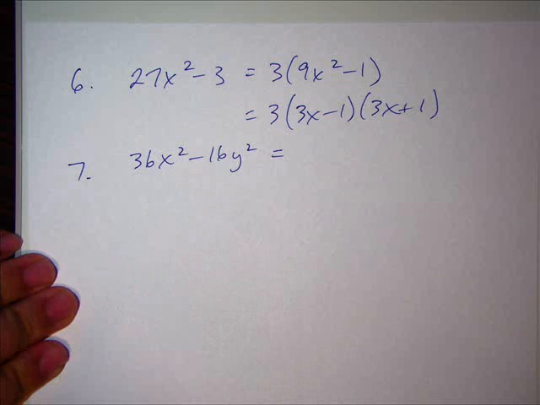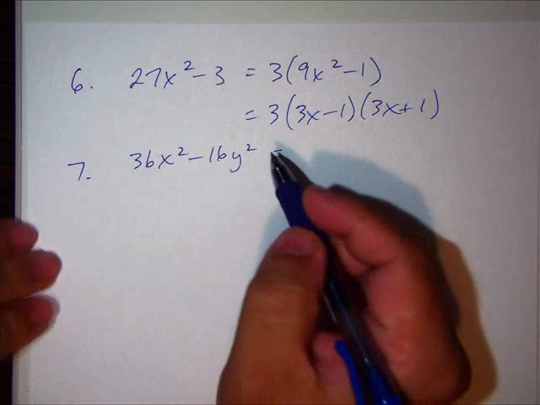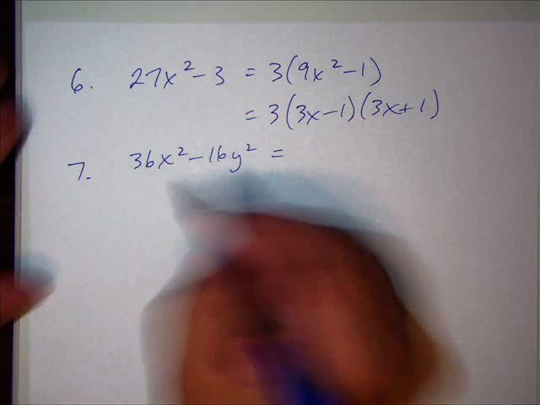These are perfect squares, but you can take a factor out. You should always take a common factor out. Alright, so here we can take out a 4.